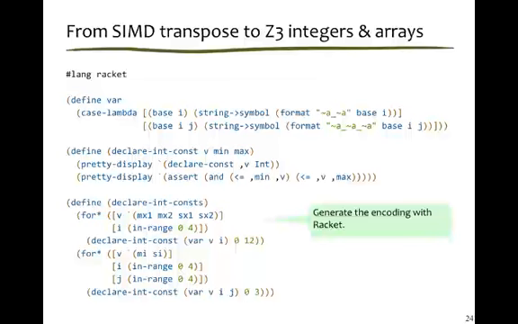This thing outputs using this pretty display function in Racket, which just indents things nicely. This list consists of the symbol declare-const, the actual value of this variable that was passed in, and the symbol Int. Now this probably doesn't make any sense unless you're familiar with Scheme. Who's familiar with Scheme? All right, so it makes sense. For those of you who aren't, this operator here is the quasiquote operator.